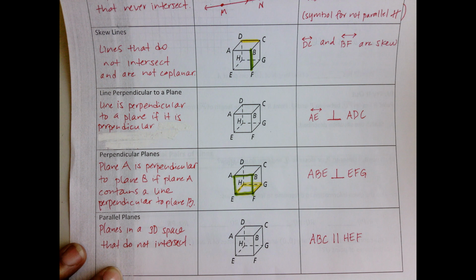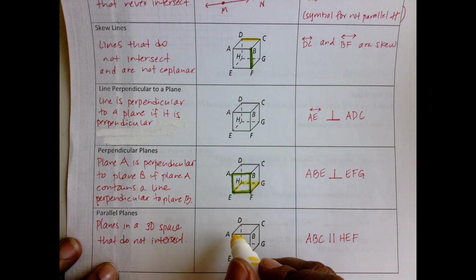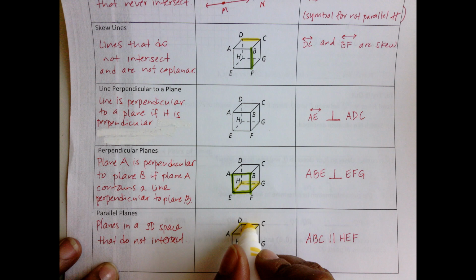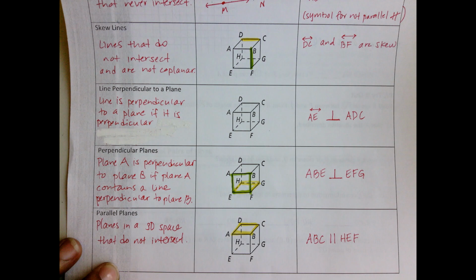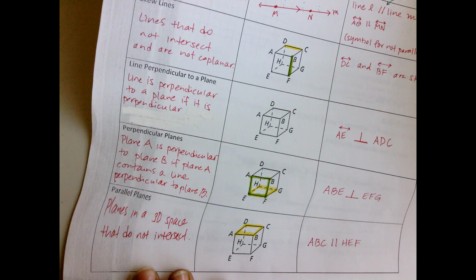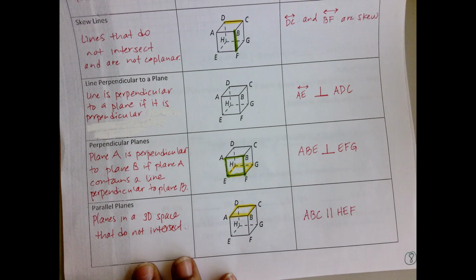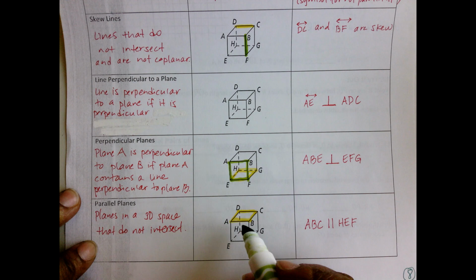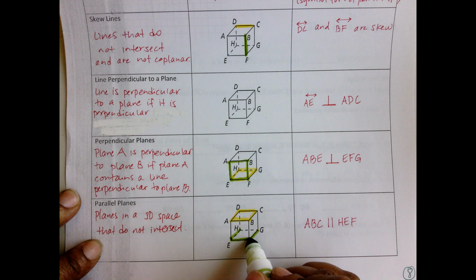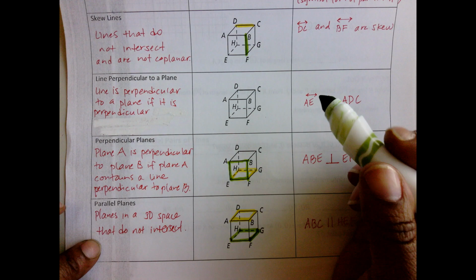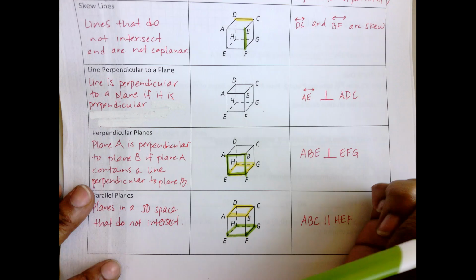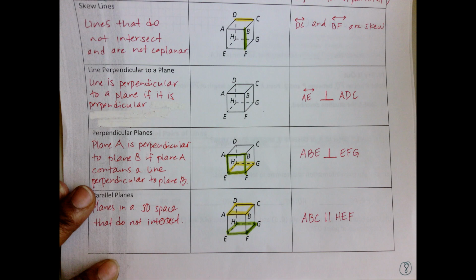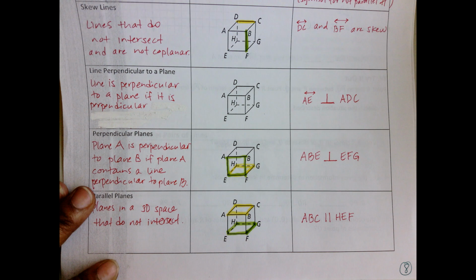Okay, so let's go ahead and indicate that. All right, so we have plane ABC and HEF, which is down here. Yes, they certainly are parallel planes. These two planes will never ever intersect. They will run parallel to each other forever and ever. And they are also equidistant from each other.